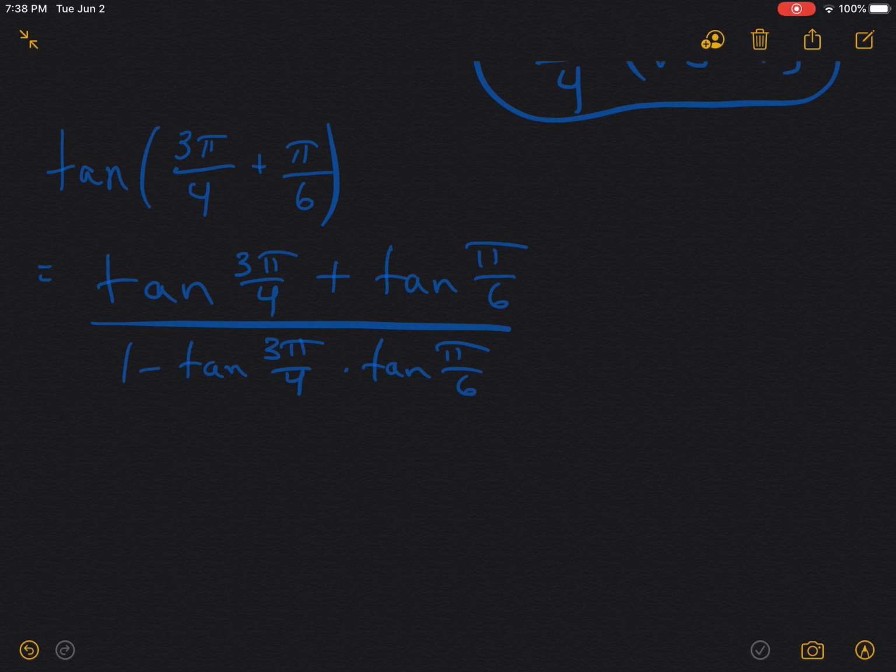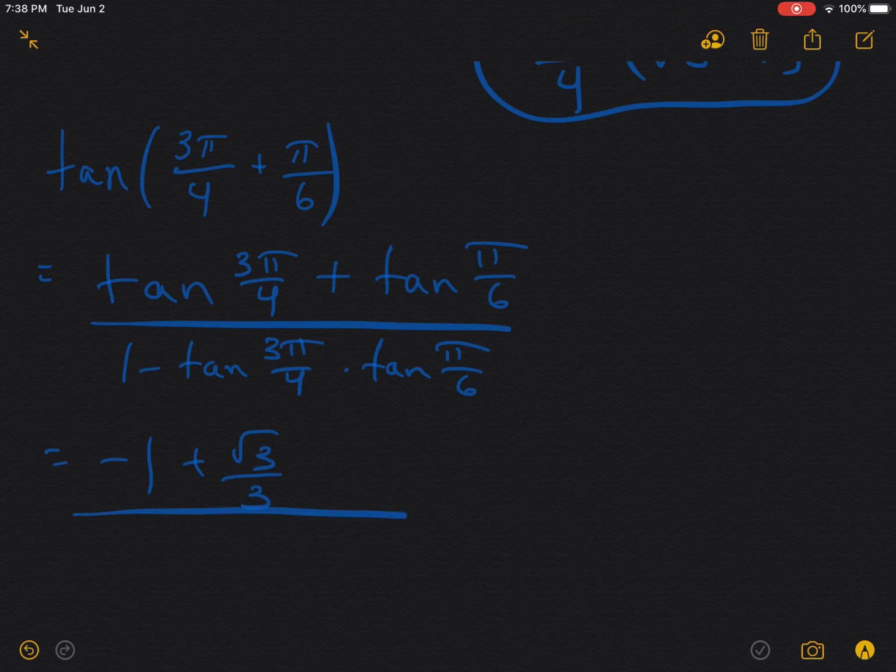Okay, so now let's do the numerator. The numerator, what's tan of 3 pi over 4? That would be negative 1, plus tangent of pi over 6, and remember that's y divided by x, so that would be square root of 3 over 3.